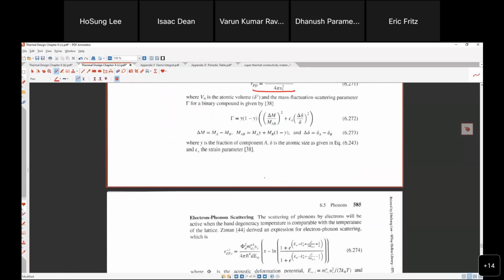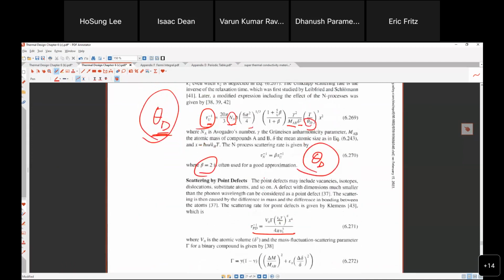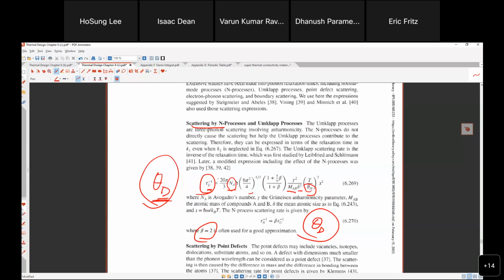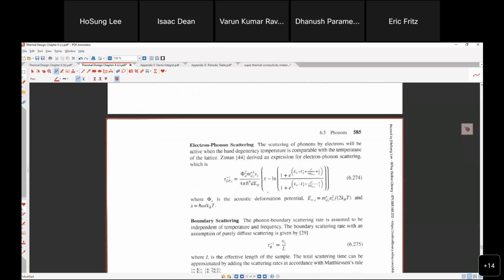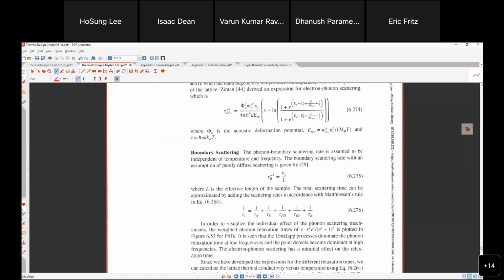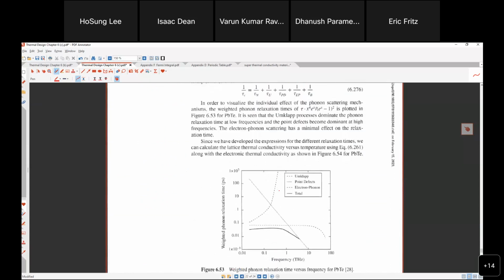But if you assume Umklapp only, use this. This is an assumption. If you assume Umklapp, there is also boundary scattering. I told you there is boundary scattering.